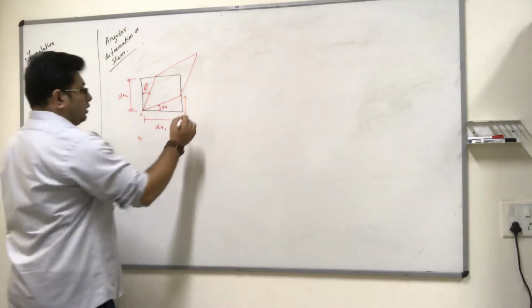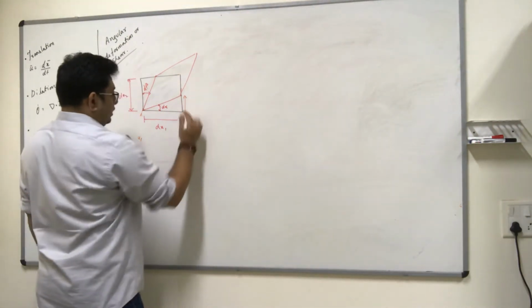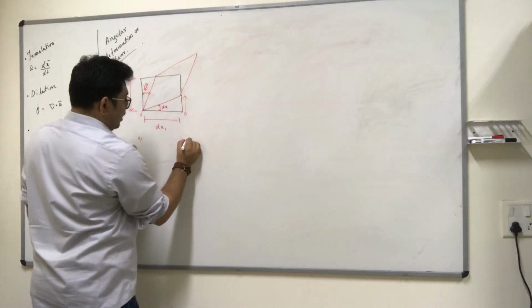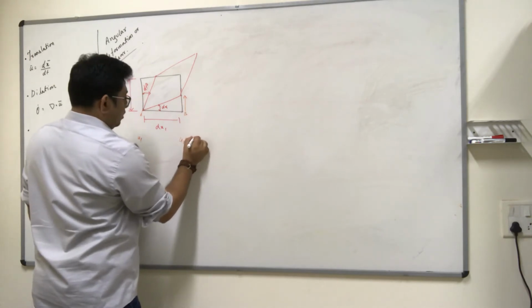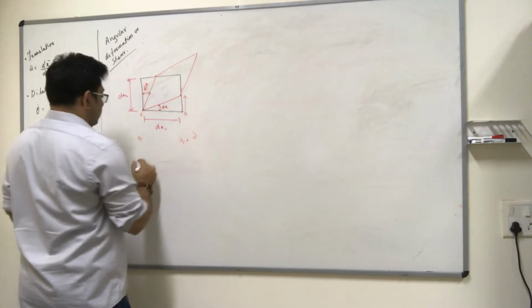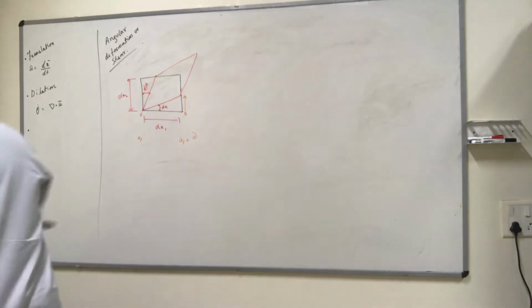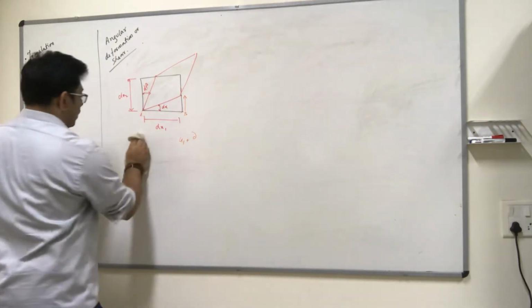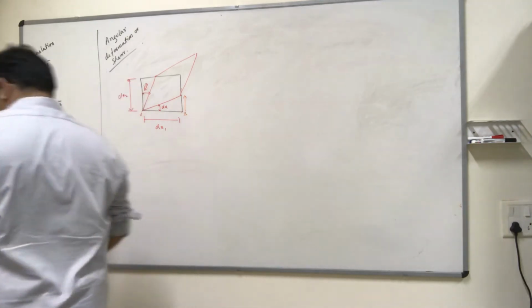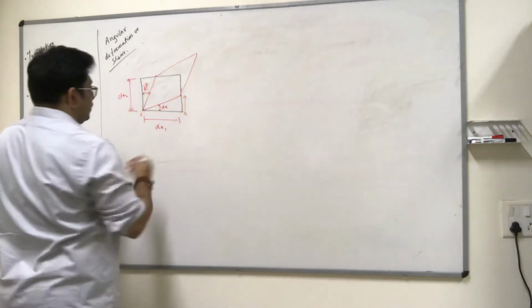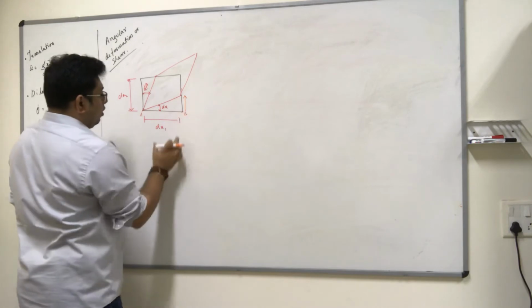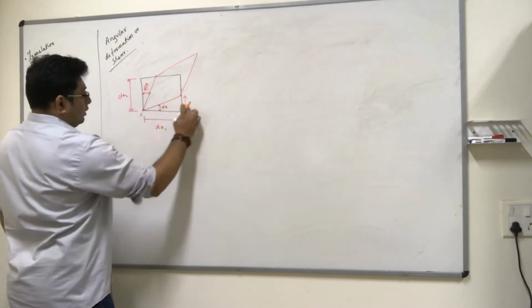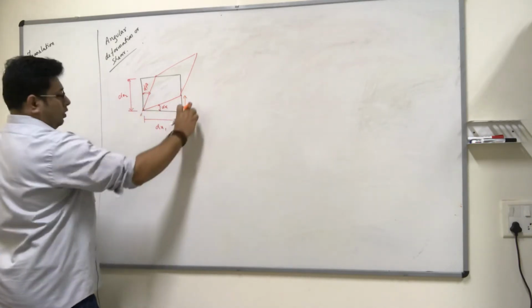So what is this velocity? What is this change? Okay, so this direction is 2 actually, so I'm making a mistake.